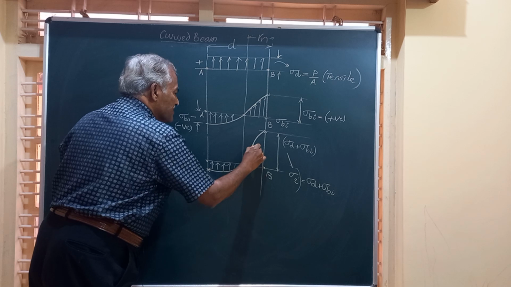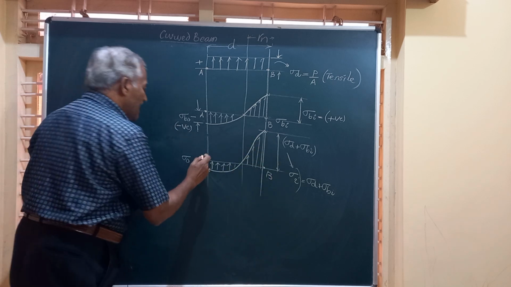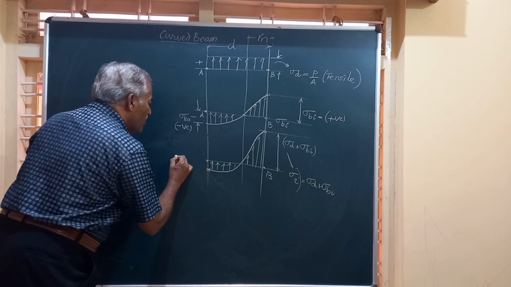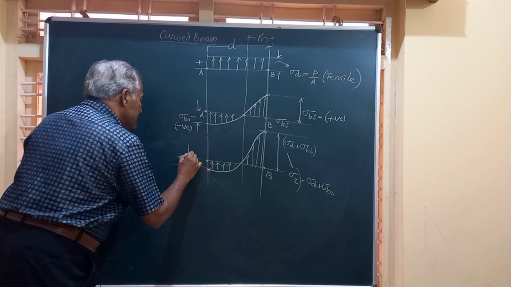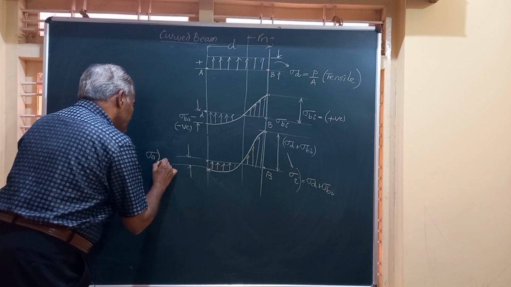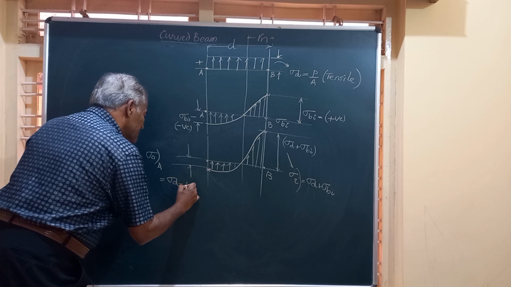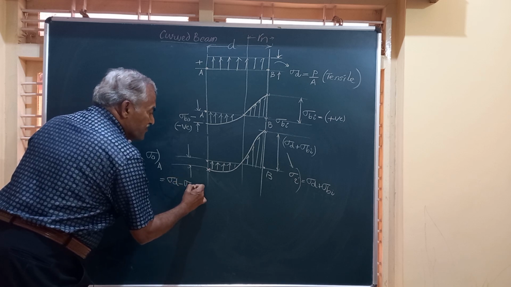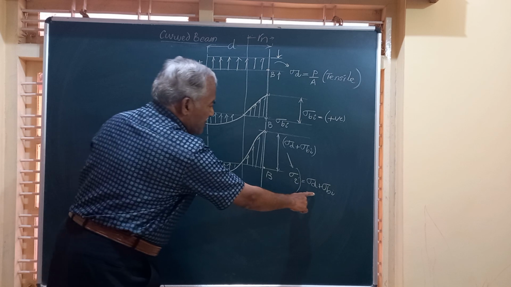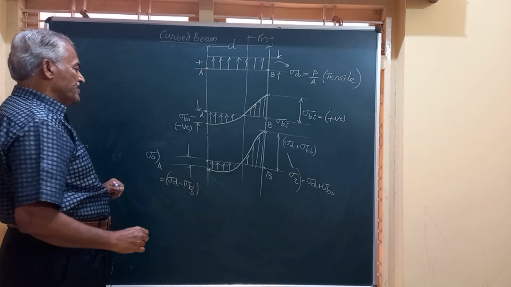Friends, it's very easy to understand. And here this sigma O, whatever you are writing here, is sigma O at A, which is equal to sigma d minus sigma b naught. There it is sigma d plus sigma bi. This is the stress at the outer fiber.